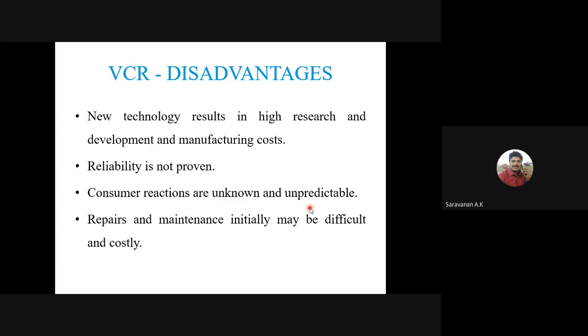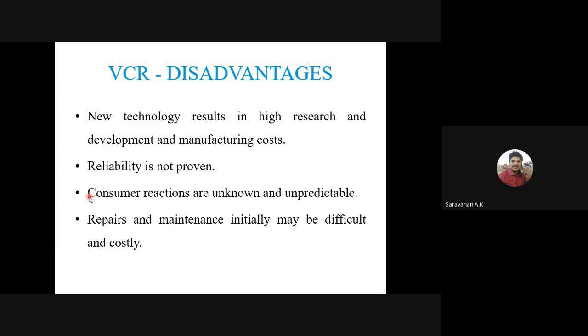It is a very new technology, with a lot of extra elements in the engine components, so the manufacturing cost is also high. The product life and reliability are not proven, and the consumer reaction is unknown and unpredictable.